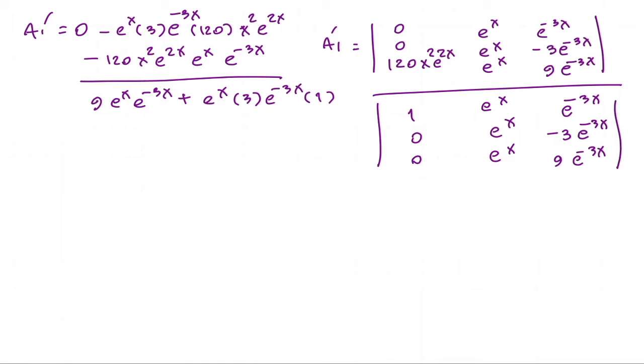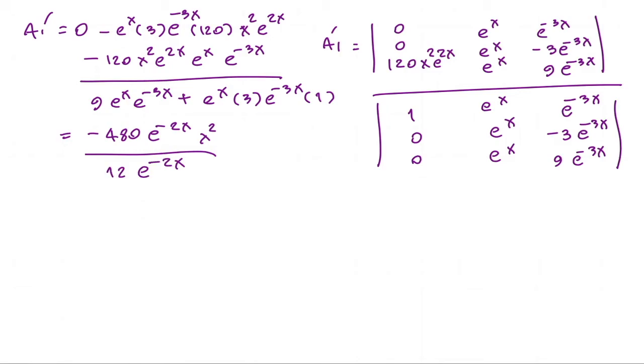So we have a1 equals what is it, 480, right? Minus 480 e to the minus 2x, e to the minus 2x x squared divided by 12 e to the minus 2x.